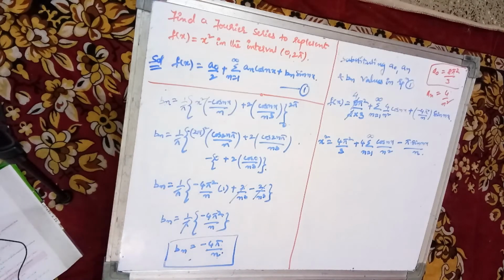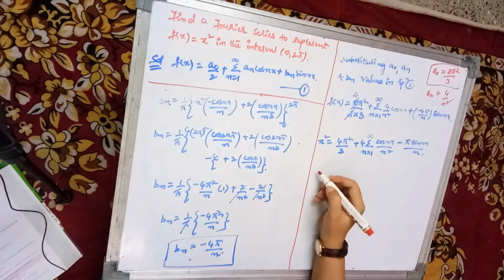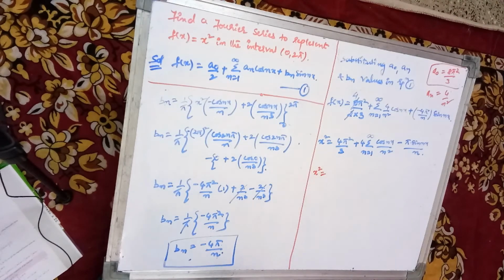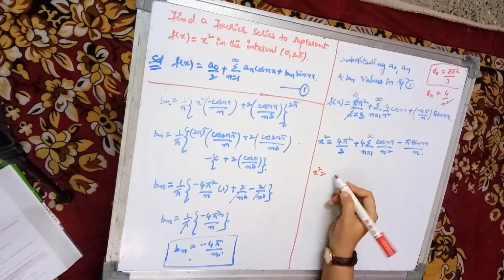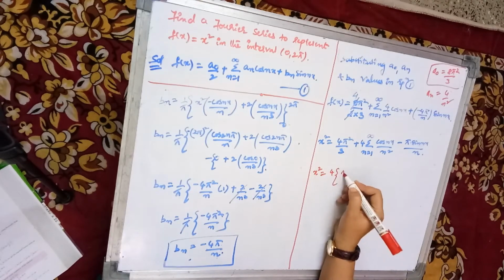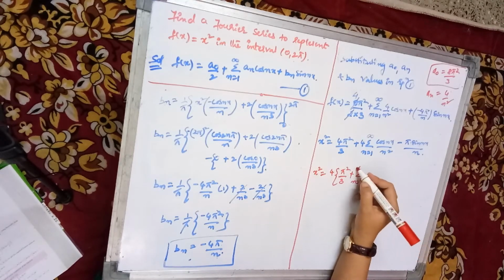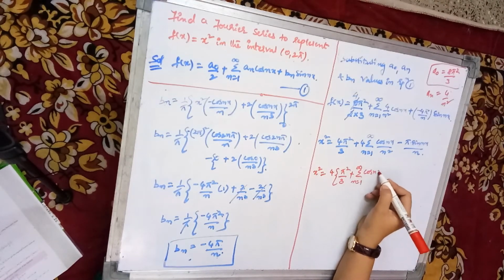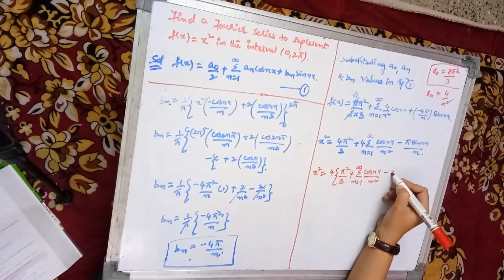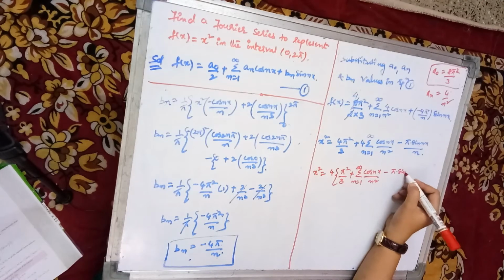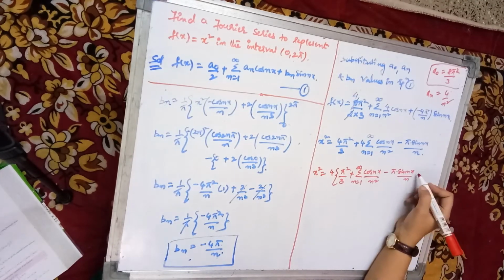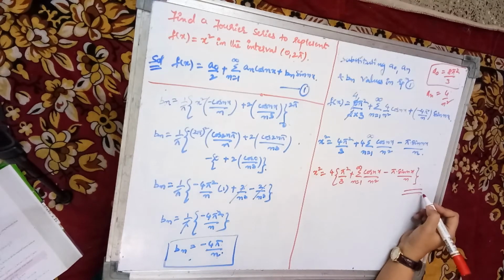If you want, you can still simplify it completely. If I take the common 4 completely out, it's going to be pi square by 3 plus summation n is equal to 1 to infinity of cos nx by n square minus pi into sin nx by n, which is the required Fourier series for the given function.